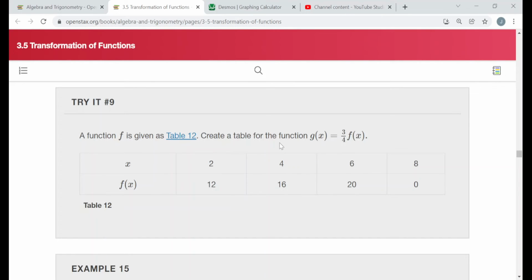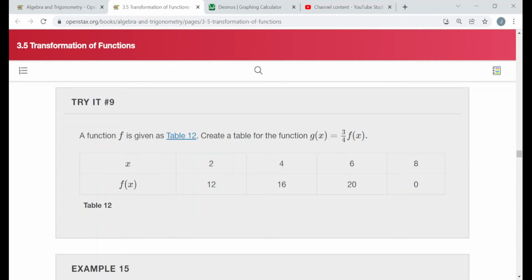And we're asked to create a table for the function g, where g of x is just f of x times 3/4. So it's the original function multiplied by a number. This will cause a vertical stretch or vertical compression. And notice that number is less than 1, 3/4, so we're going to cause a vertical compression by a factor of 3/4.